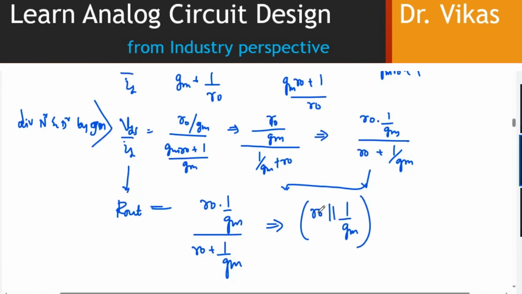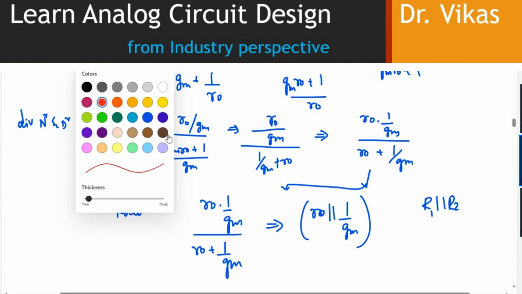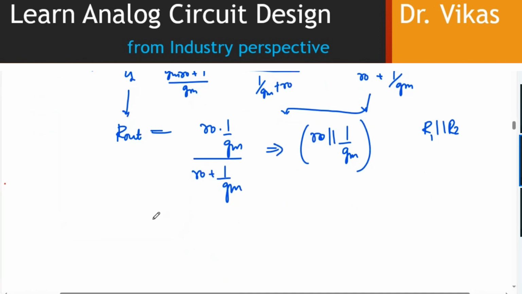Because what is the parallel resistance equation? If I have R1 parallel R2, it is R1 R2 divided by R1 plus R2, is it not looking that way? So finally my output resistance for a diode connected load, R out, would be equal to R naught parallel 1 by Gm.